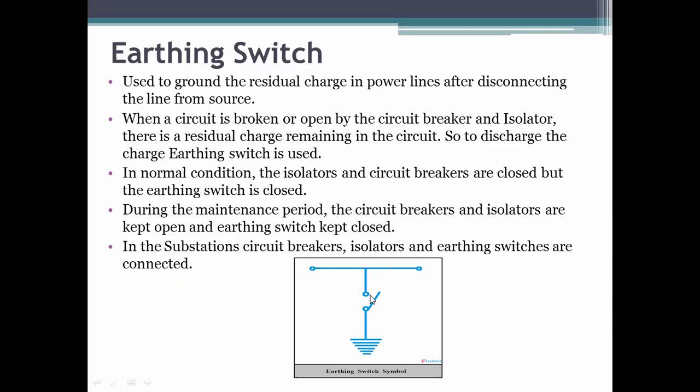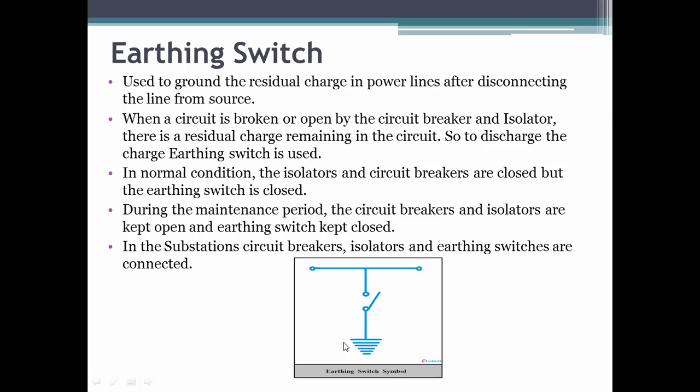Means if any fault current flows, it will be given to this earth. That's why this earthing switch is used. It is used to ground the residual charge in the power lines after disconnecting the line from the source.